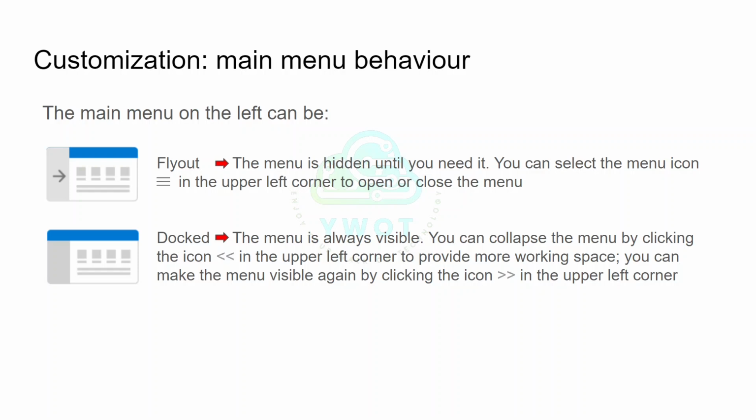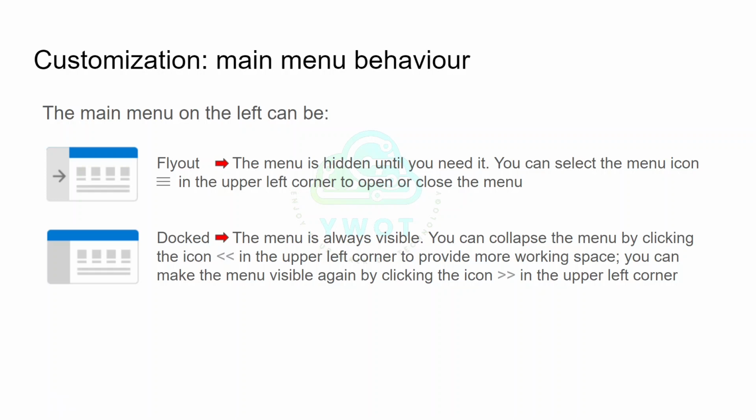Another customization in the Azure portal is the behavior of the main menu. There are two possible choices. The first one is fly out. In this case, the menu is hidden until we need it. We can select the menu icon, these three lines in the upper left corner to open or close the menu.